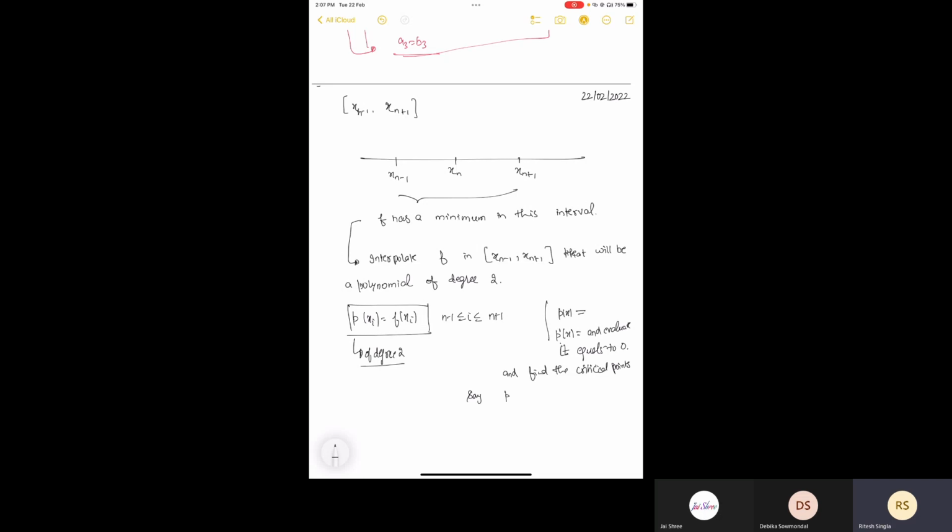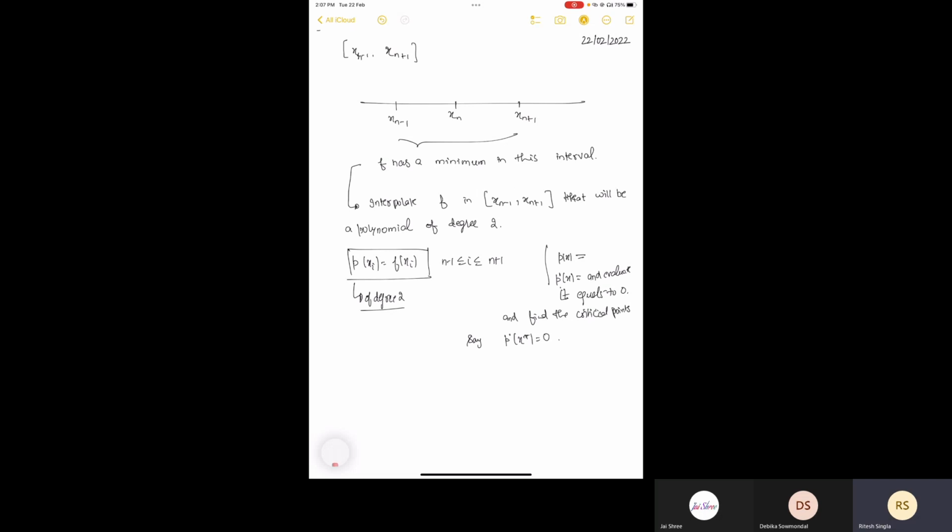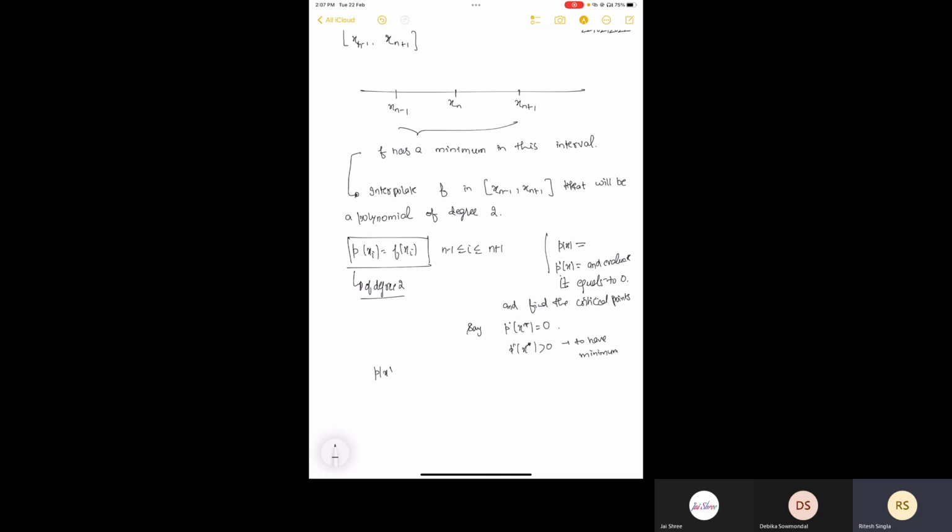So p prime of x star is 0. Okay, so you can check that p double prime of x star should be, sorry, greater than 0 to have a minimum, right? If this is the case, then I can find p of x star. So this will be the minimum value of p in this interval, right?